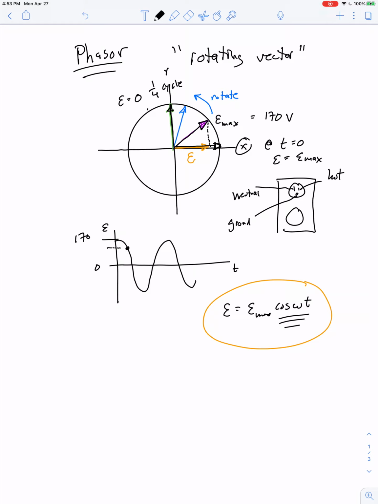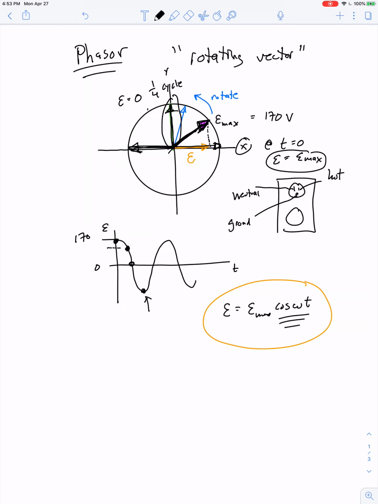So you see what we're getting? We're starting with a maximum value of EMF. When the phasor gets to this position here, then we get this data point. When the phasor has rotated to this position, we get this data point. So what gives us this data point right here? Yeah, when the phasor has rotated to this position.